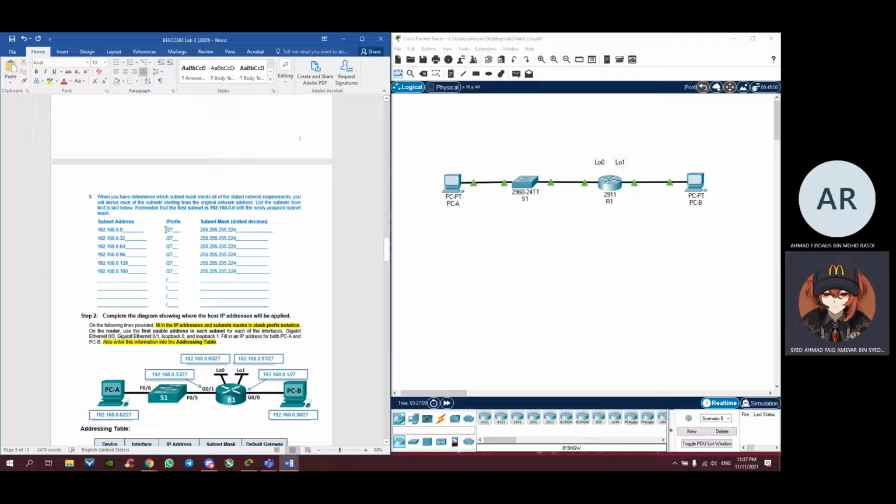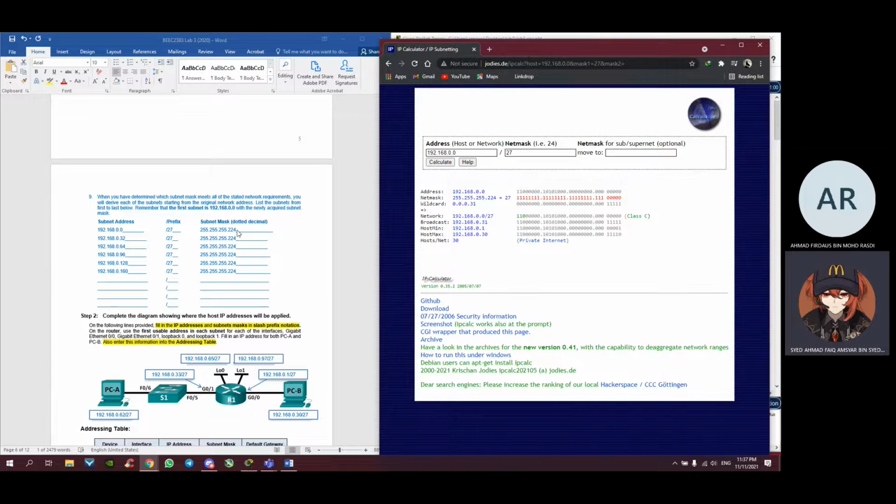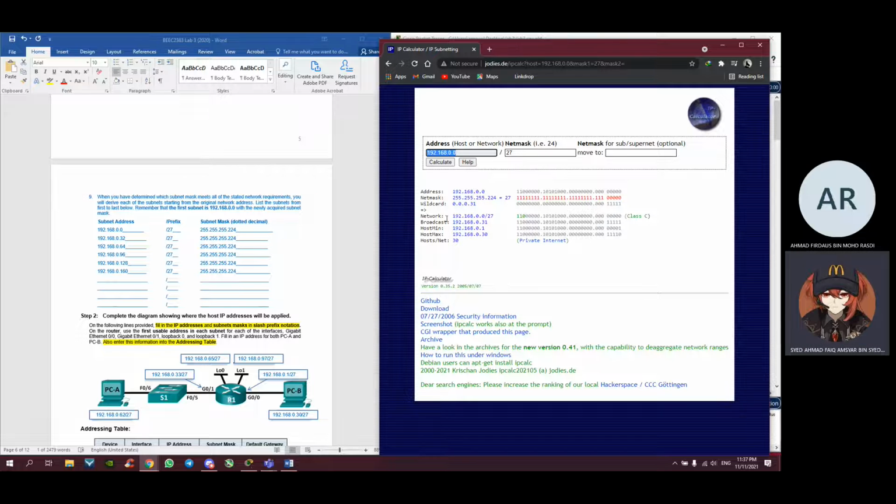And then we know that the prefix is /27, the subnet mask. From this IP address, I used the IP calculator to find the subnet mask, and we get the subnet mask 255.255.255.224. Okay.